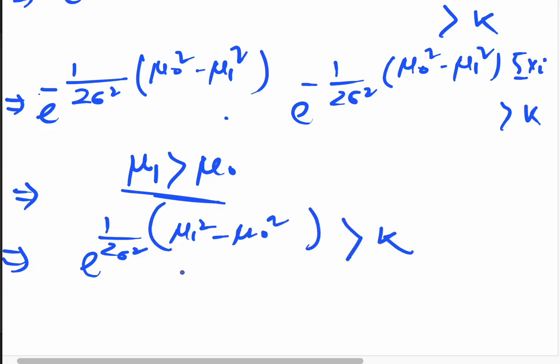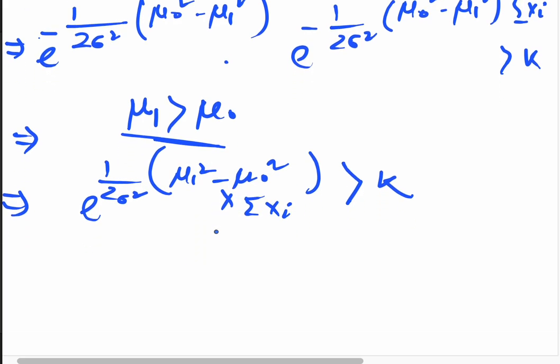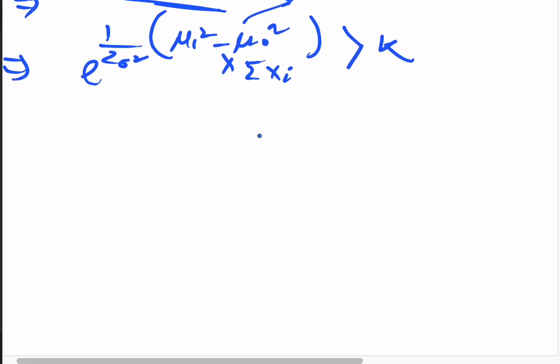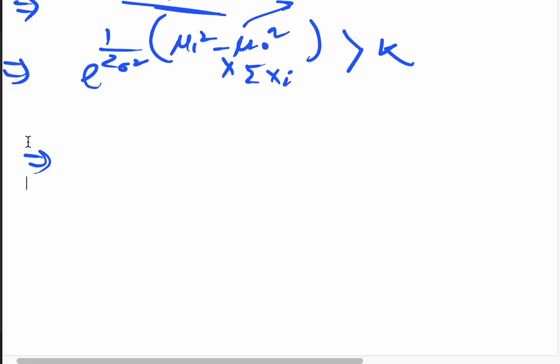Since this is a positive part, we can write it this way: summation of xi is greater than some predefined constant k0.